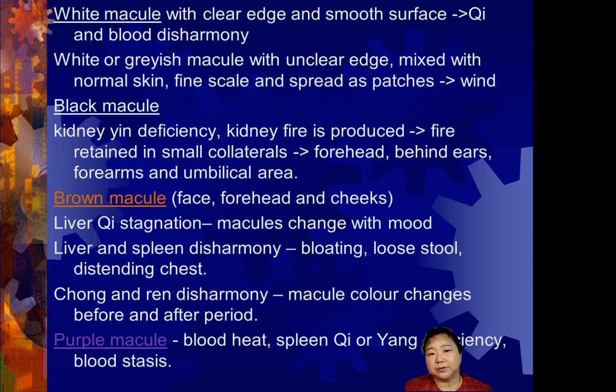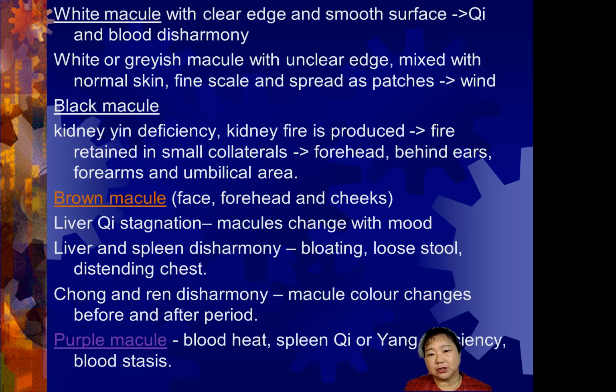Brown macule is often on the face, forehead, and cheeks. It is produced by qi stagnation. Macules change with mood. When people have stronger anger, these brown macules can become deeper in color. It can also be caused by liver and spleen disharmony.